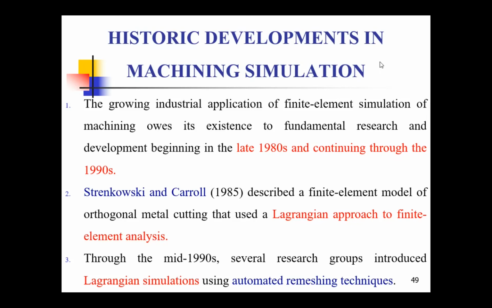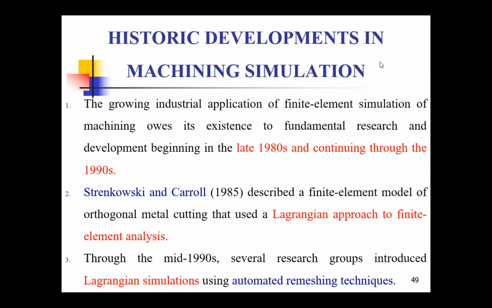Then in the mid 1990s, apart from the Lagrangian approach, researchers also included automated remeshing techniques. Before, at each and every iteration, we had to manually remesh and then simulate.